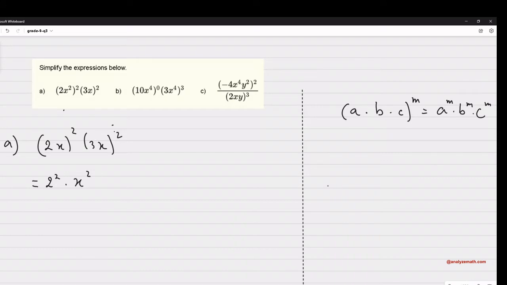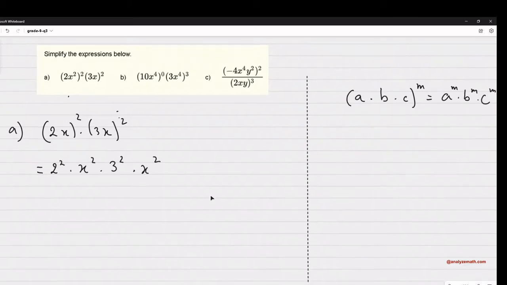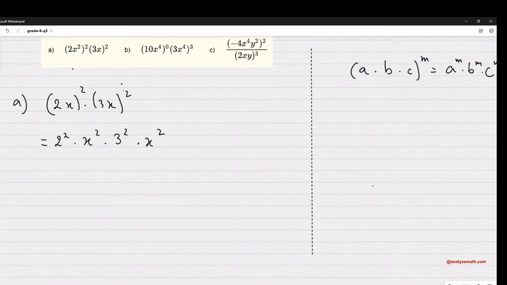Now this is a product, remember. And then I apply the rule here. So that will give me 3 to the power 2 x to the power 2. Now I simplify. 2 to the power 2 gives me 4x^2. 3 to the power 2 gives me 9x^2.